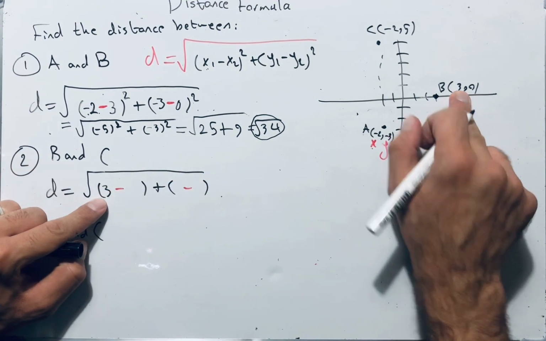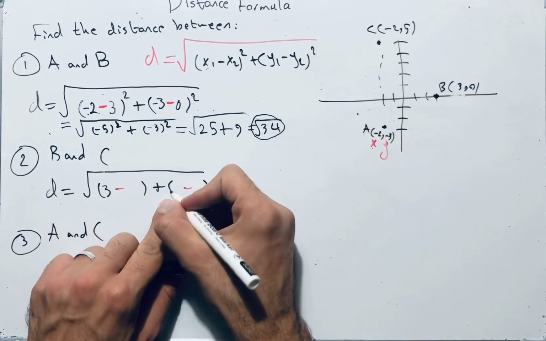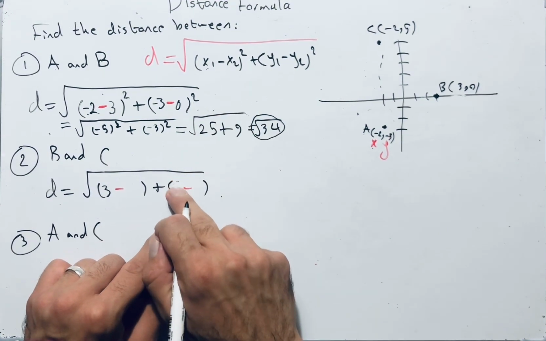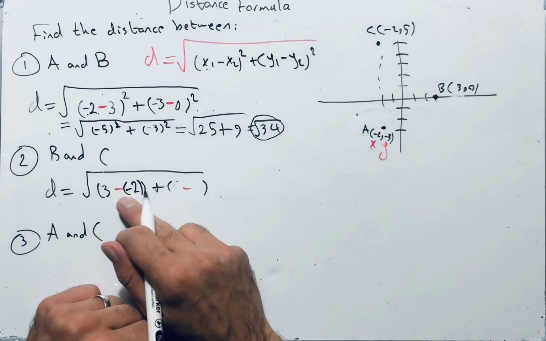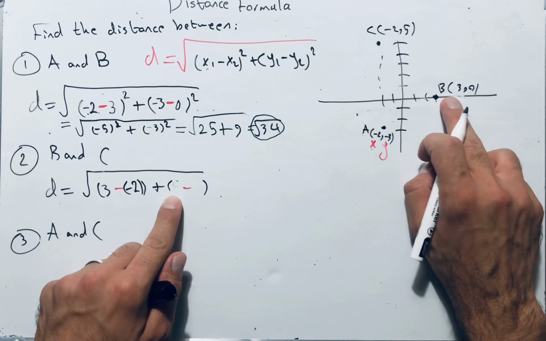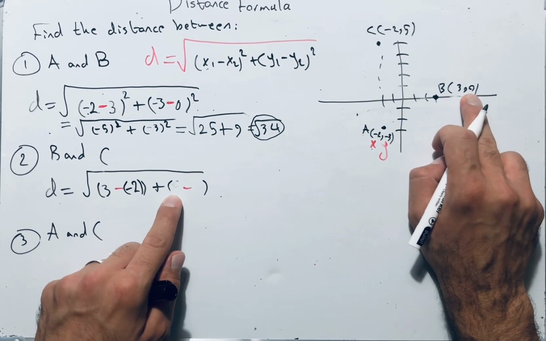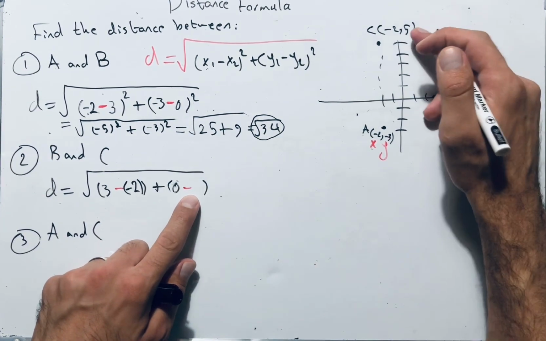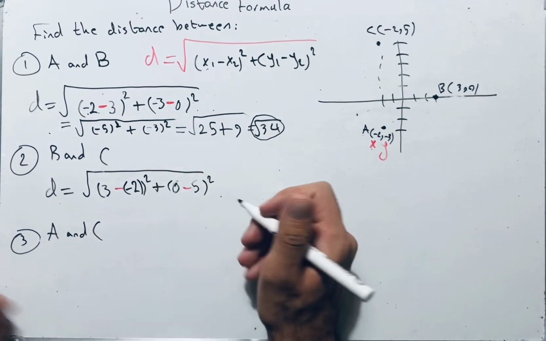And then x2, which is the x component for C, is what? It's -2. When you see two minuses together, just put a bracket. And now y1, which is the first, y1 is 0, because B is the first point. And then y2 is just 5, like this.